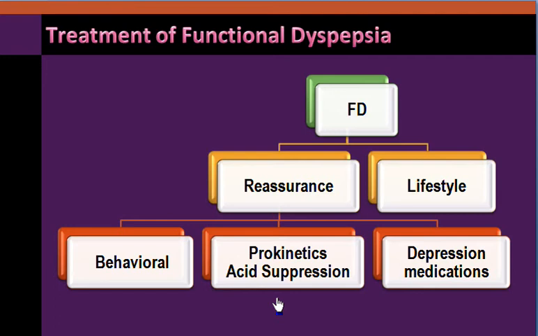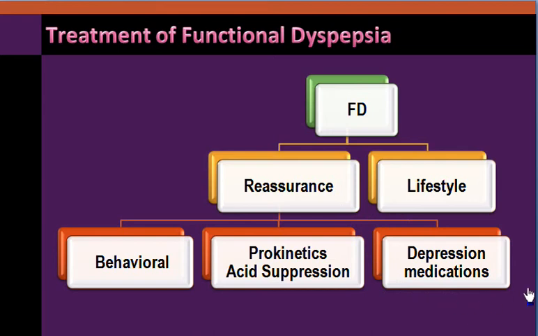Prokinetics, we will see what are the prokinetics we have and which one of them would be beneficial in our subsequent slides. Then of course, if the symptoms are not controlled by these methods like reassurance, change in lifestyle, behavioral therapy, prokinetics plus minus PPIs, then we can use antidepressants.